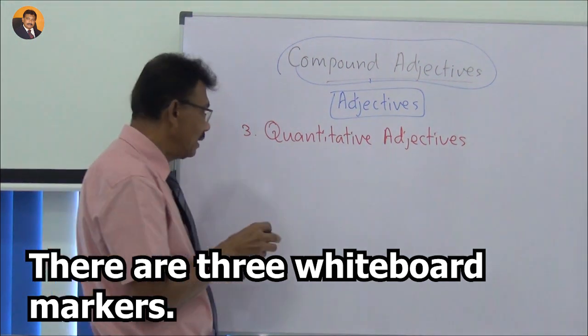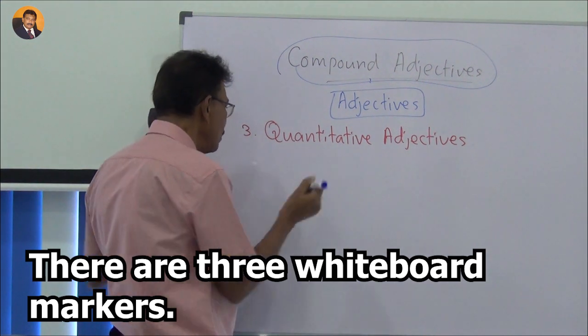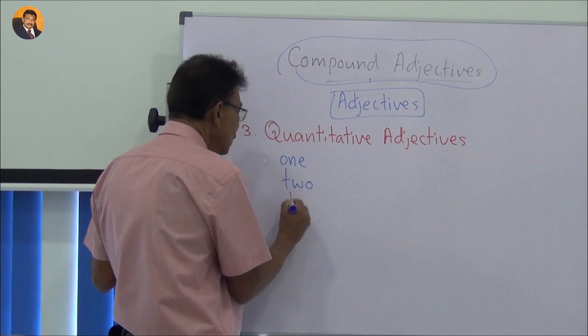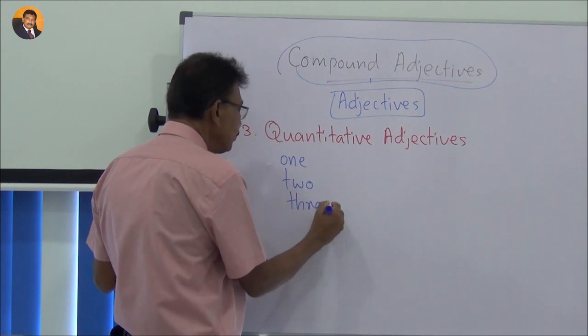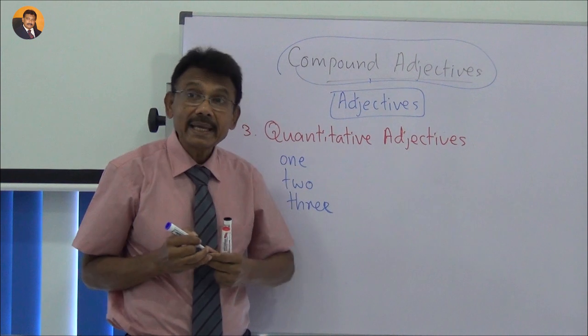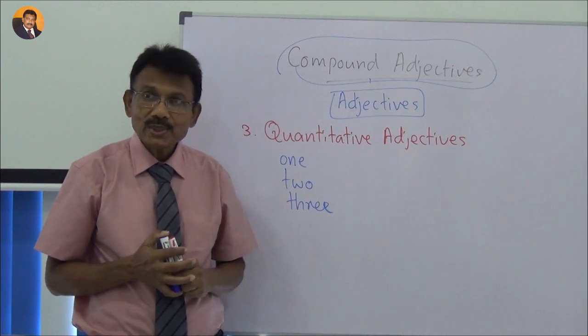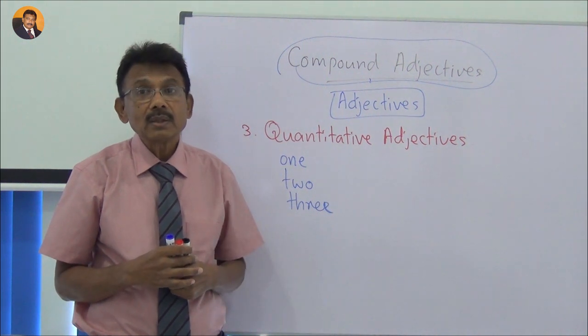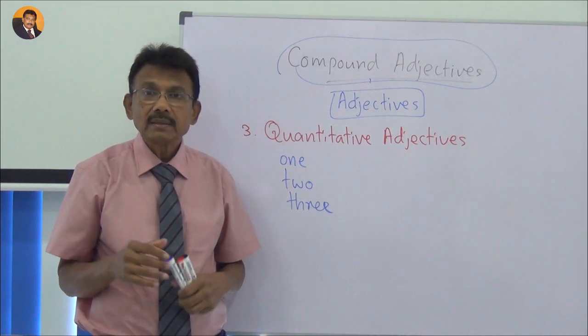Okay? Here, let's write. So quantitative adjectives are 1, 2, 3. One day, 2 boys went to school with 3 girls.